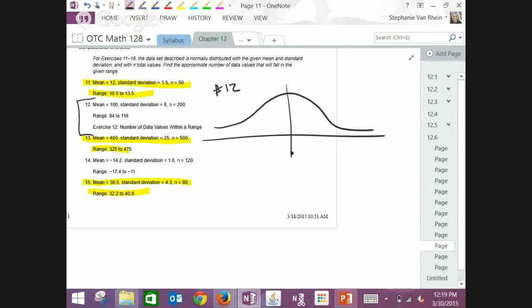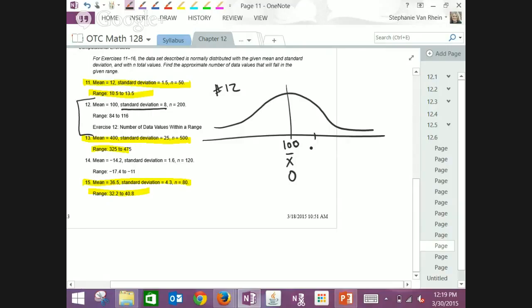So let's see if this ends up following the empirical rule. So here I have 100 is the mean. So that's X bar. That would correspond to a 0 z value. The standard deviation is 8. So if I add 8, I would go to 108.